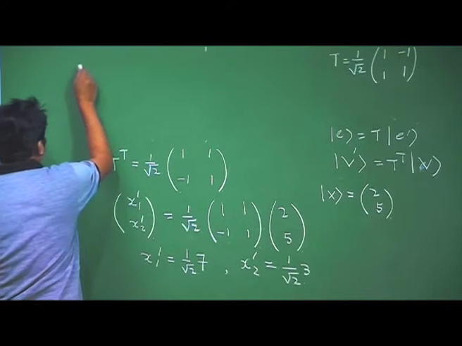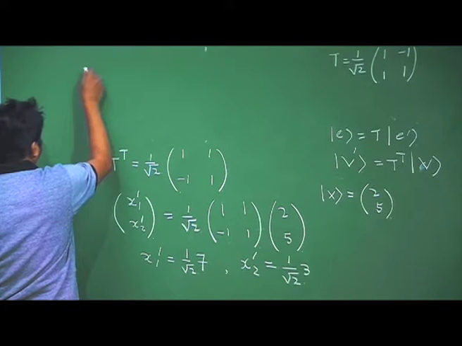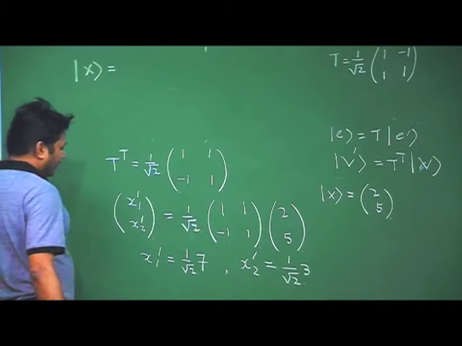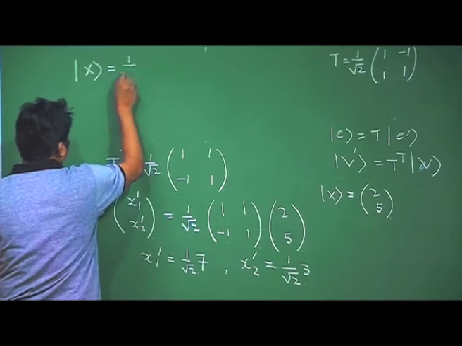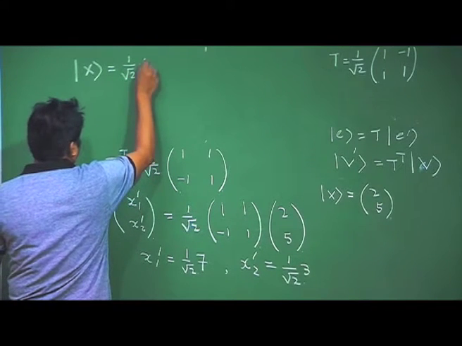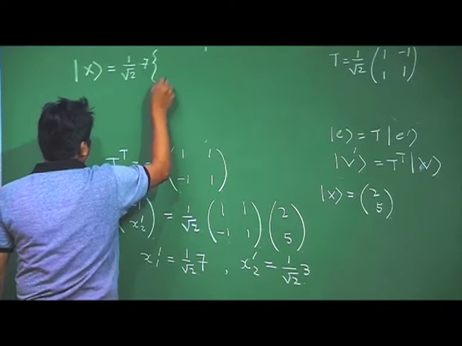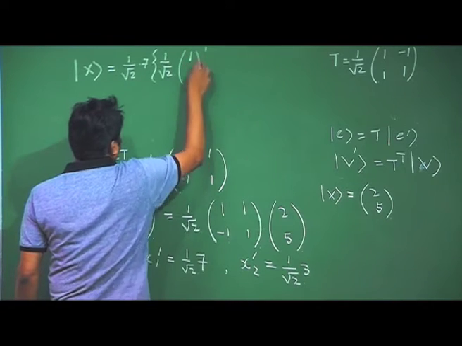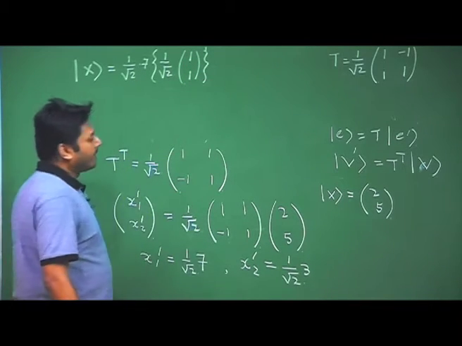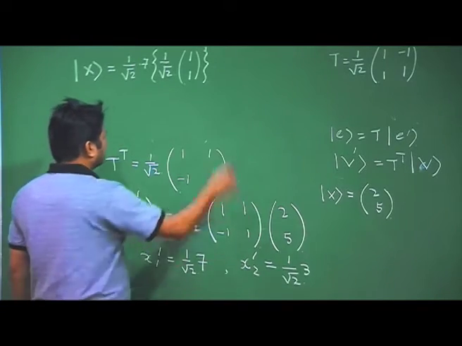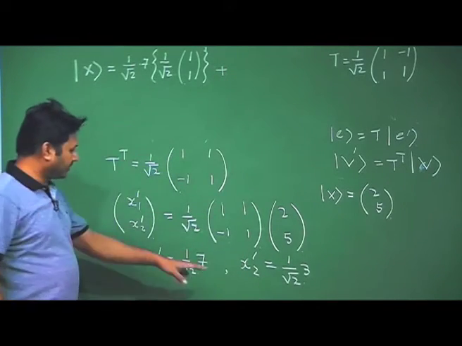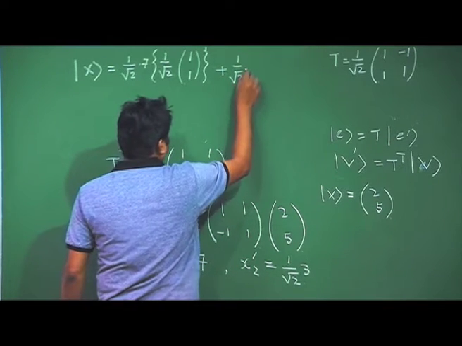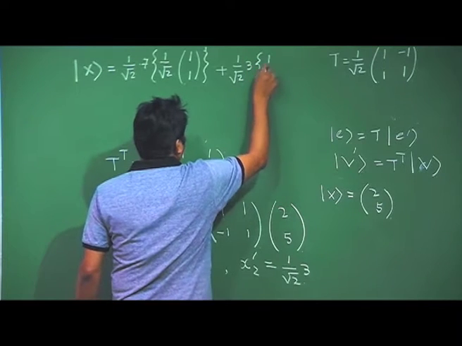So in the non-prime frame, if I write x, this will be the first component 1 by root 2 multiplied by 7 into the basis, plus the next component into the basis.